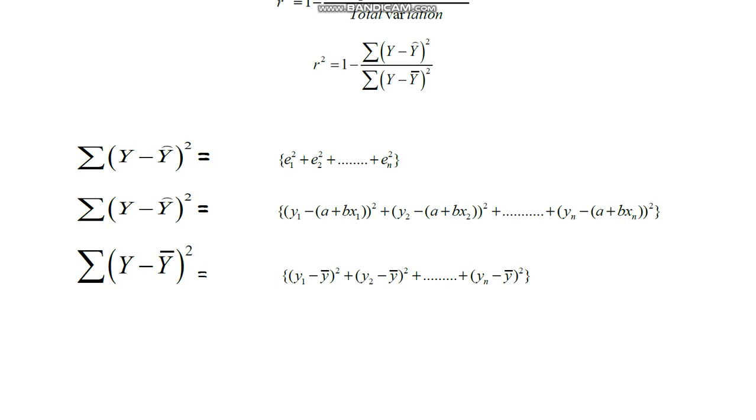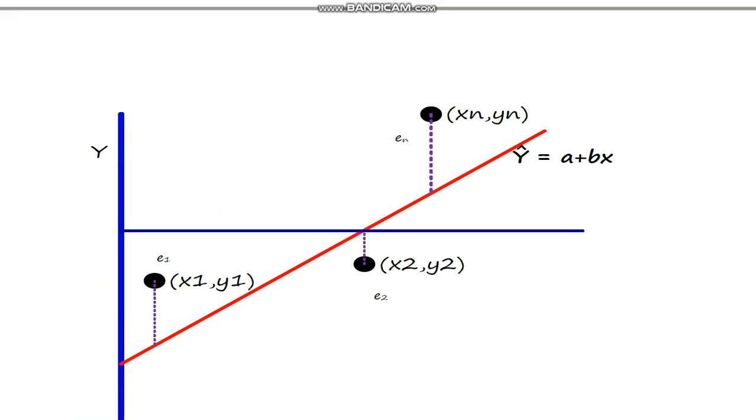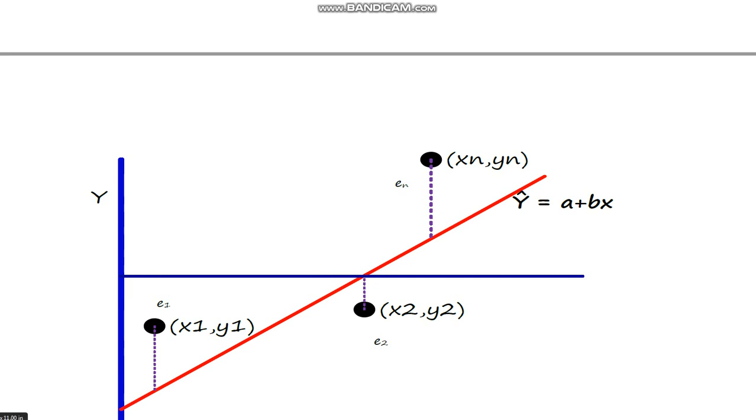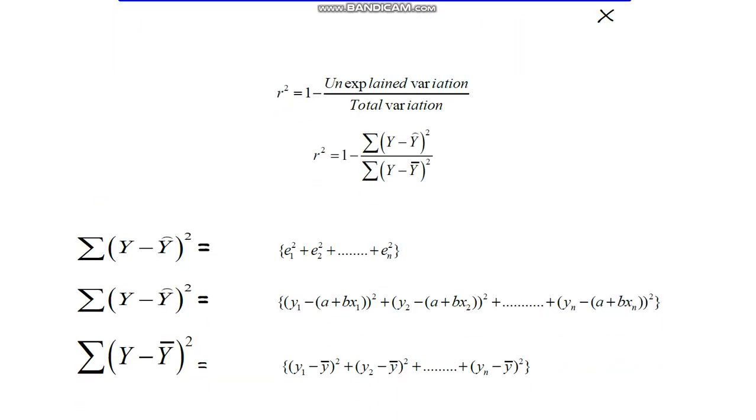Similarly, yn minus (a plus bxn), squared. You can see y1 minus this estimated value y1 cap, y2 minus y2 cap, this is the difference. In this way you can solve summation y minus y cap squared.